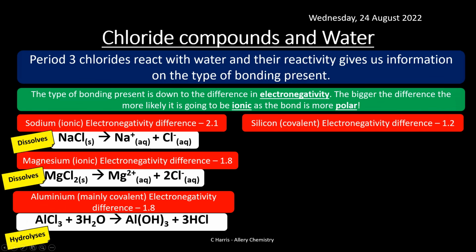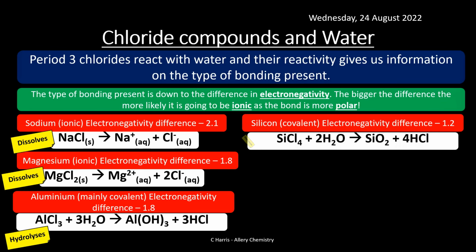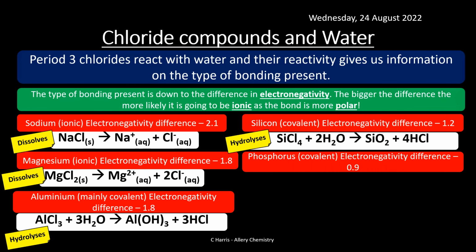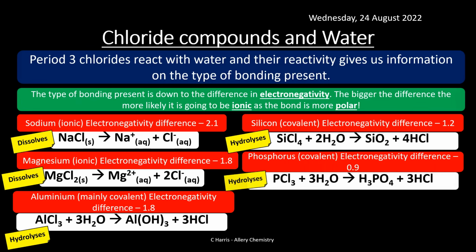Okay, silicon, the electronegativity difference is much smaller here. So this is 1.2. So this hydrolyzes as well, and we start with silicon chloride, react it with water, and it forms silicon dioxide and HCl. Phosphorus is definitely covalent. Obviously the electronegativity difference is smaller. So this one will also undergo hydrolysis.